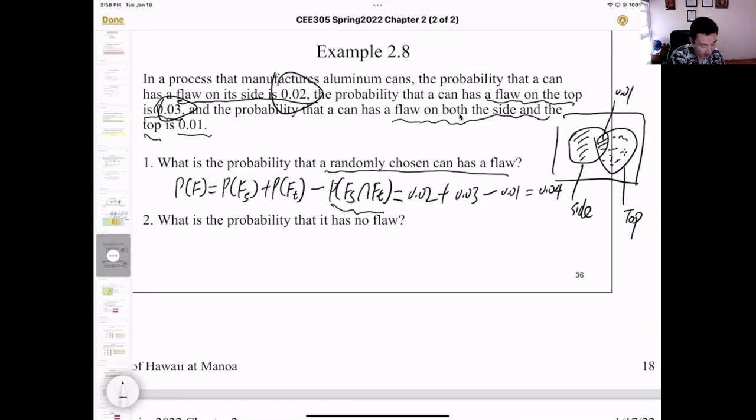What is the probability that it has no flaw? Having no flaw means what? Anything outside these two circles. Having a flaw means anything within these two circles.